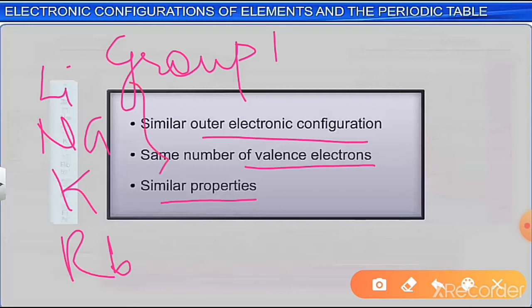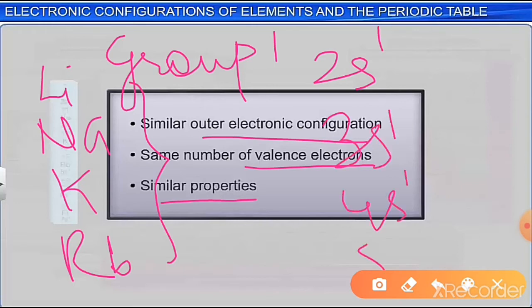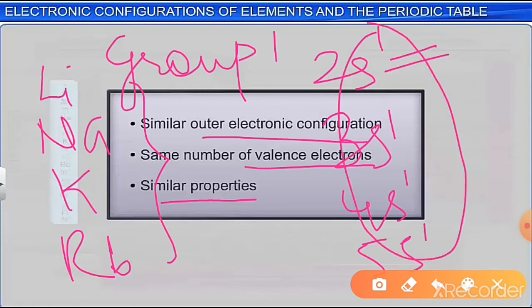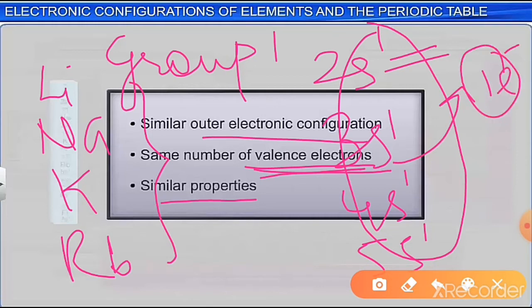All these share the same configuration in the sense that lithium has configuration 2s1, sodium 3s1, potassium 4s1, rubidium 5s1. So in the s subshell, how many electrons are there? 1. So the valence electron is 1, they have 1 electron in the outermost shell, and all these elements will have similar kind of reactivity.